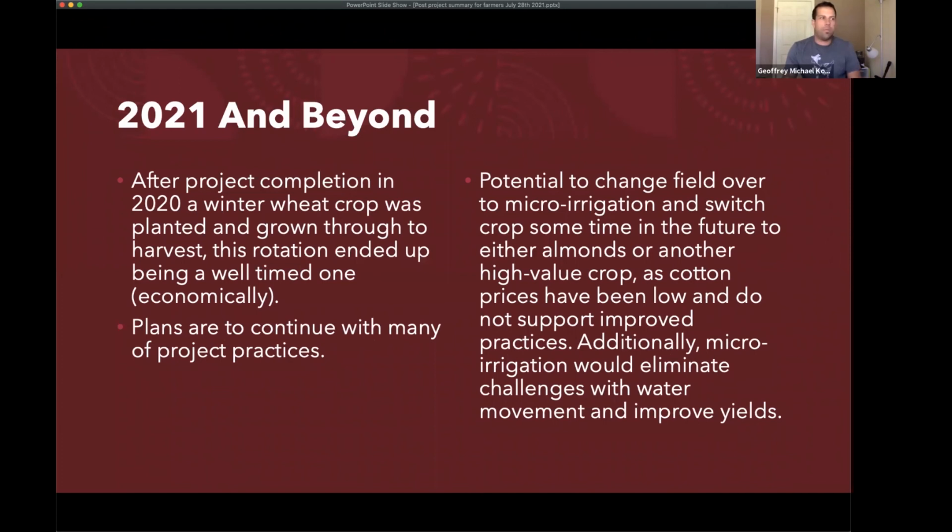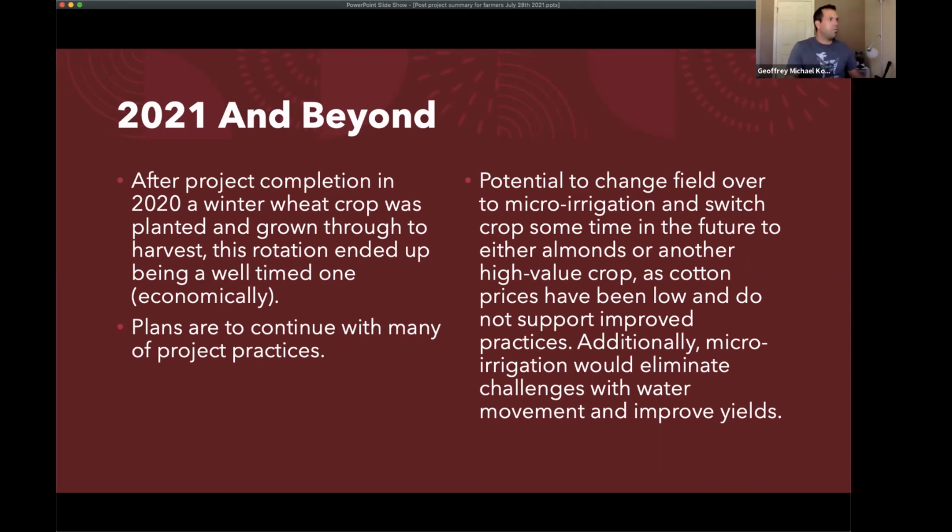Since you left the crop full all the way into harvest, you got quite a bit of residue. So even though you didn't have a winter cover crop, you had a cover and a lot of residue. It's kind of the best of both worlds. That may not happen every year, but it happened this year, which is great.